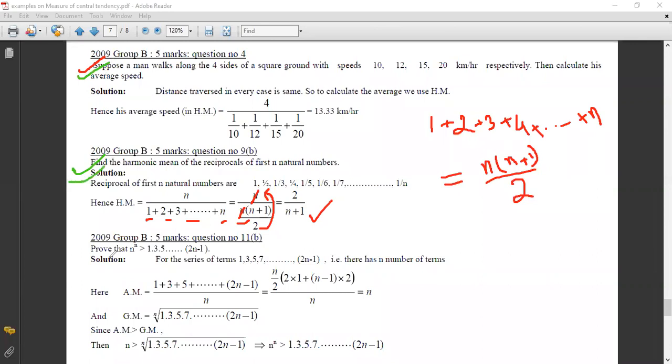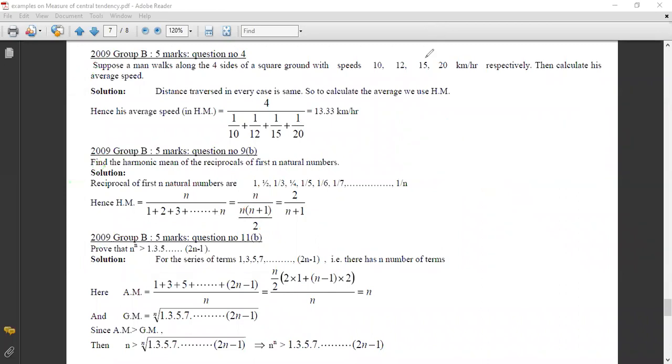Now the third example. Prove that this part, the most important part. বহুবার পরীক্ষা এসেছে example. Okay, we can start. Let us use this. Prove that n to the power n is greater than 1 into 3 into 5.